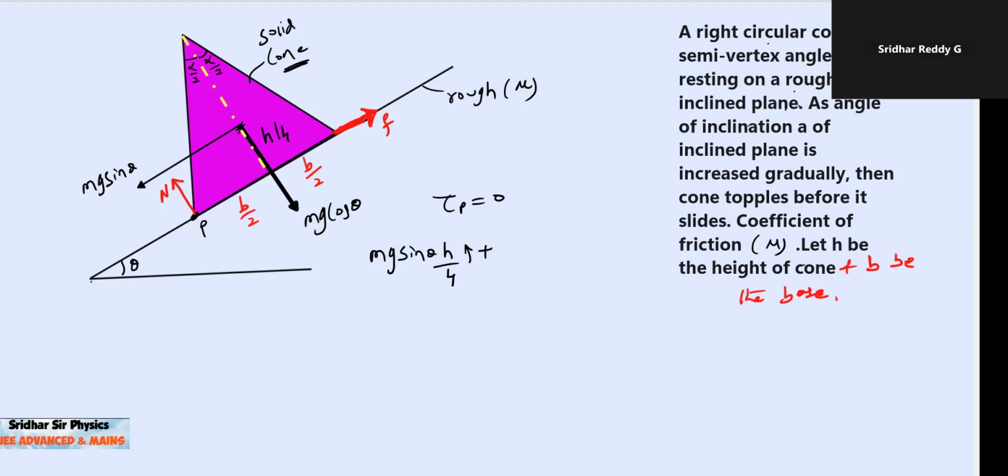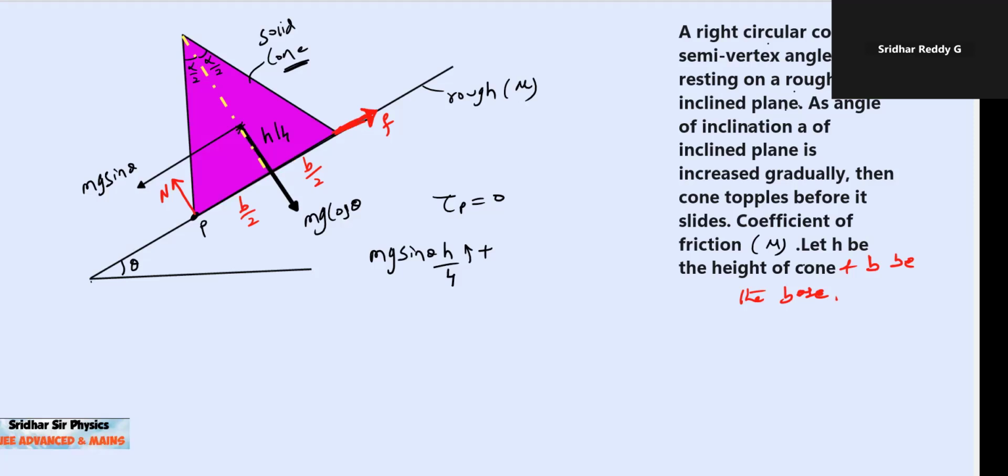Torque due to normal reaction will intersect the axis of rotation, so torque due to this will be zero. The friction also will intersect the axis of rotation, so torque due to friction also will be zero about point P. Torque will be only due to mg sin theta and mg cos theta.